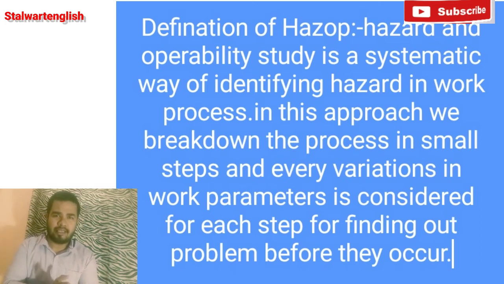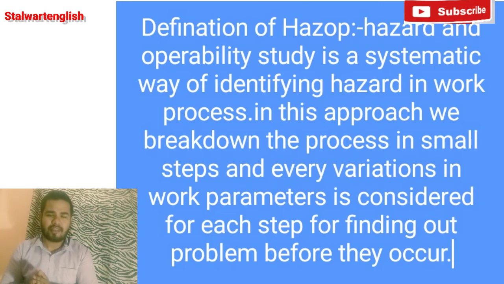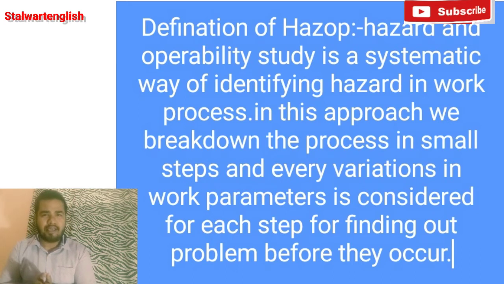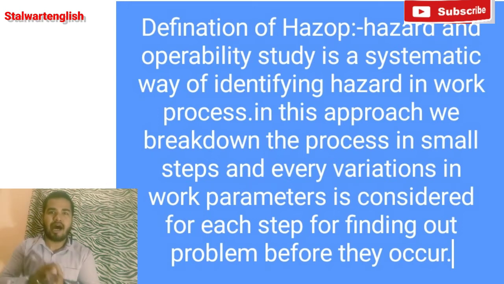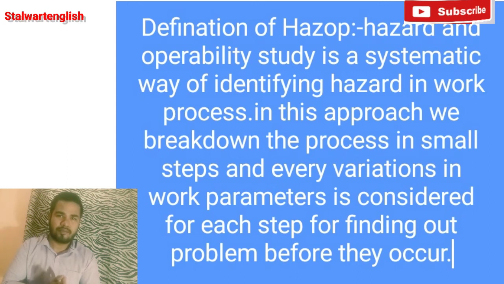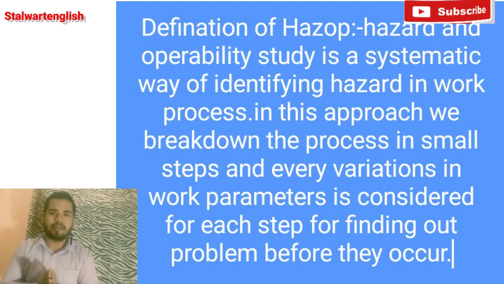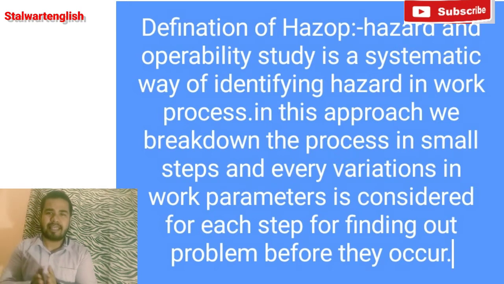The work parameters will be the pressure, flow, and temperature, and you will check the variations with the help of guide words like no pressure, more pressure, less pressure, less flow, more flow, right? Work parameters are considered for each step for finding out problems before they occur.